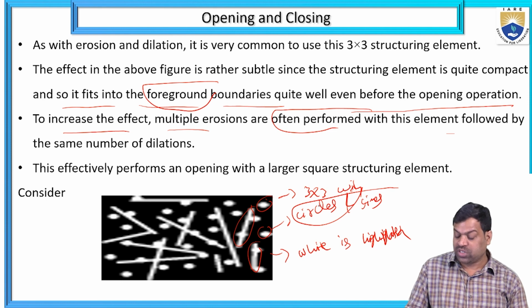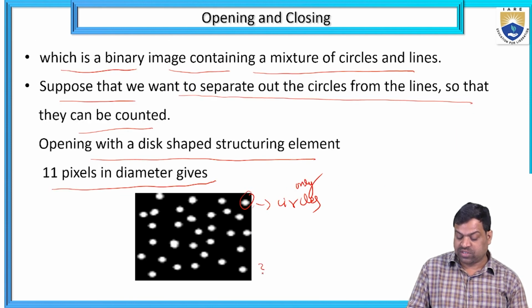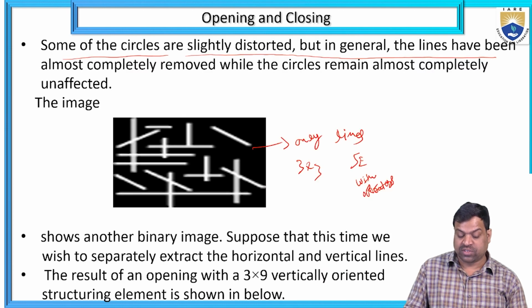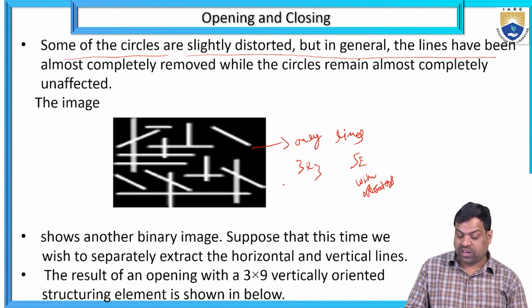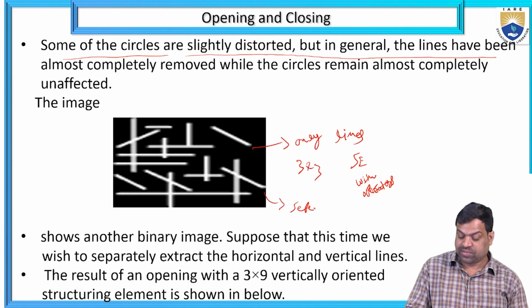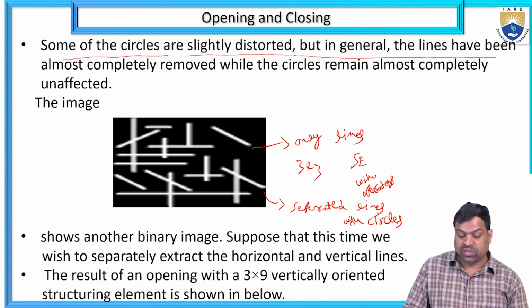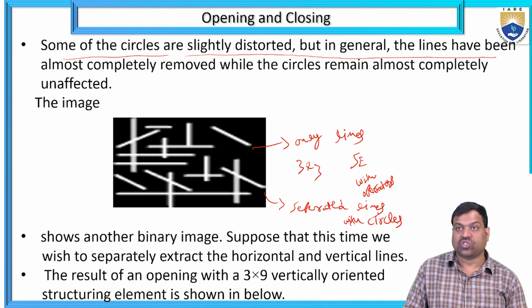With the help of erosion, the circles are changed. So here the circles are separated, and the lines are separated. The circles are slightly distorted, with the lines almost completely removed.